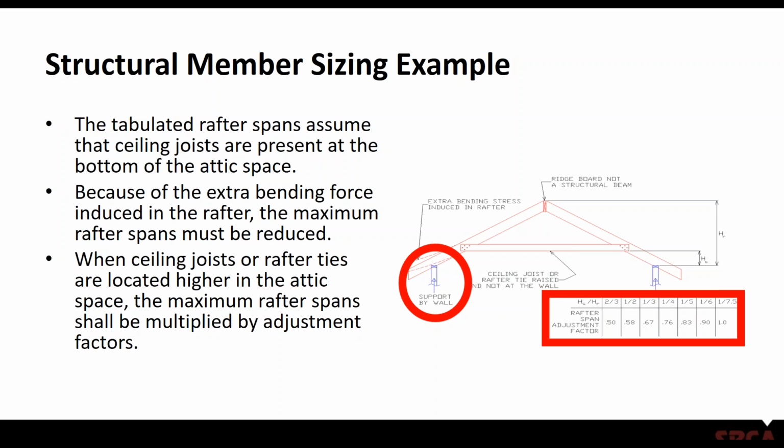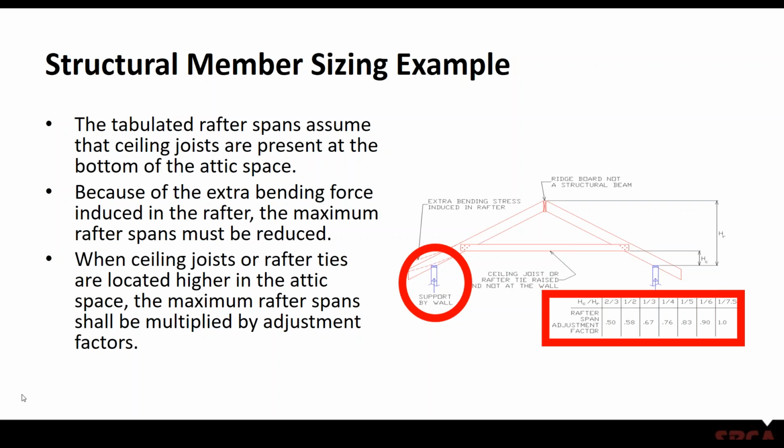When that ceiling joist or rafter tie is raised, the higher you go, this factor that you see in this red shaded in area on the right shows what the reduction is in terms of the allowable rafter span, because what you're doing is introducing a fairly large bending moment and increasing the deflection, the flexure of that rafter.